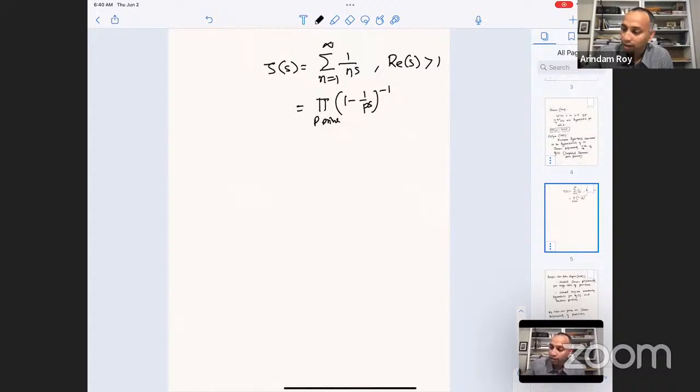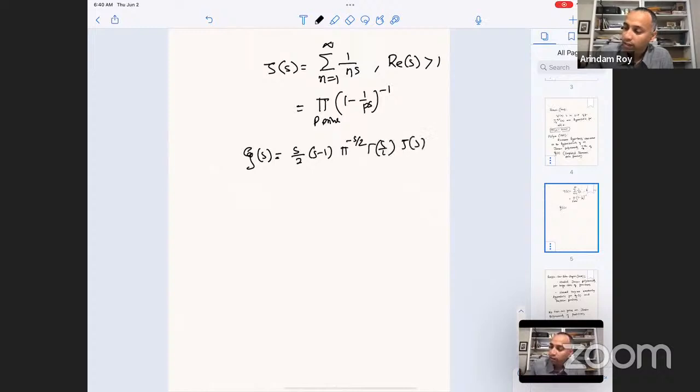Another fact is that the completed Riemann zeta function is given by an adjustment of the Riemann zeta function, multiplying by these factors.